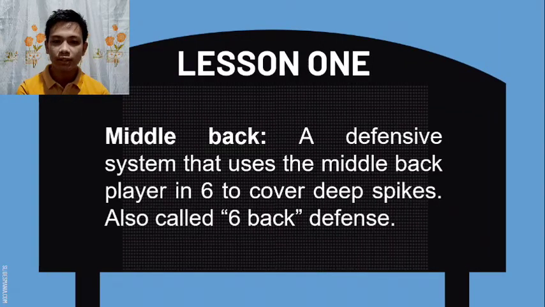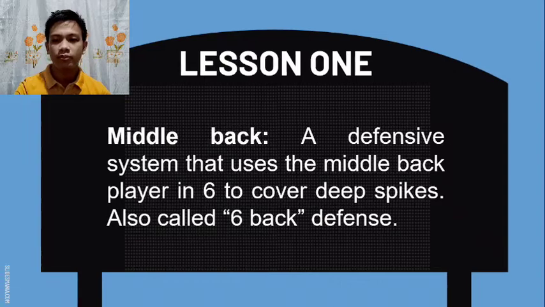Okay, next, middle back. A defensive system that uses the middle back player in 6 to cover deep spikes. Ito yung mga nasa back row. I've mentioned earlier na yung numbering ng ating players. Balikin natin, may court ba dito?